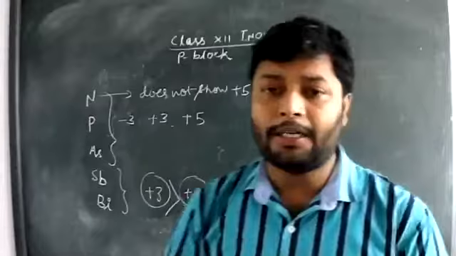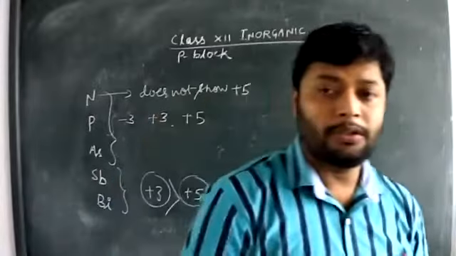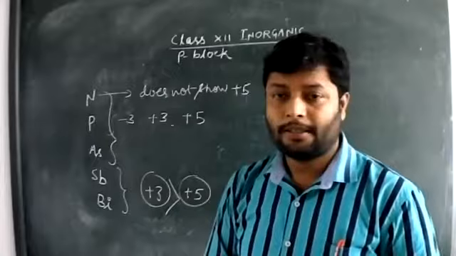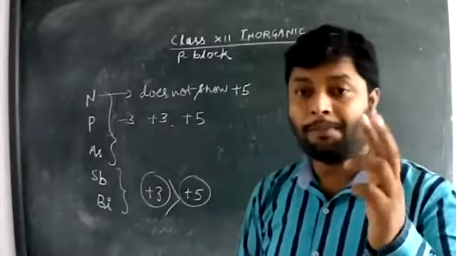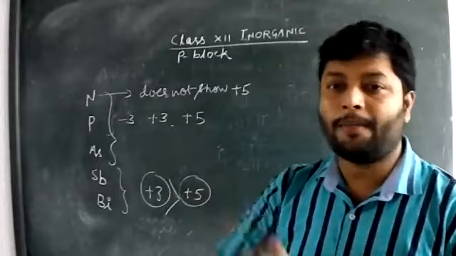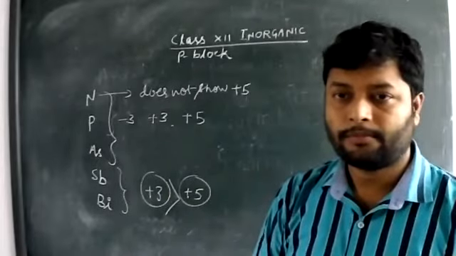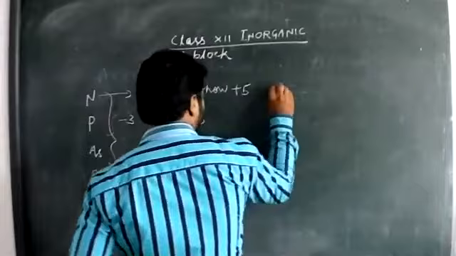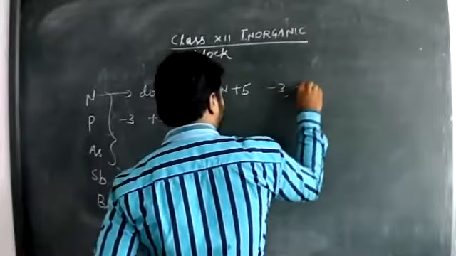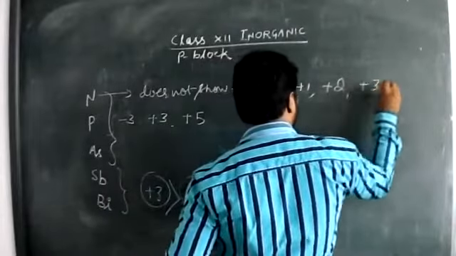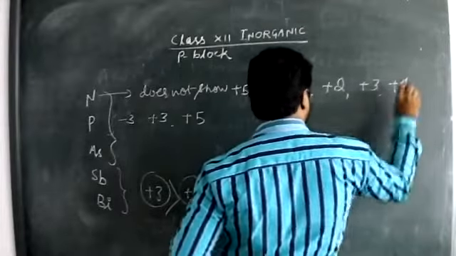But you have to learn that nitrogen also shows some intermediate oxidation numbers, like +1, +2 and +4. The oxidation numbers of nitrogen are -3, +1, +2, +3, +4.